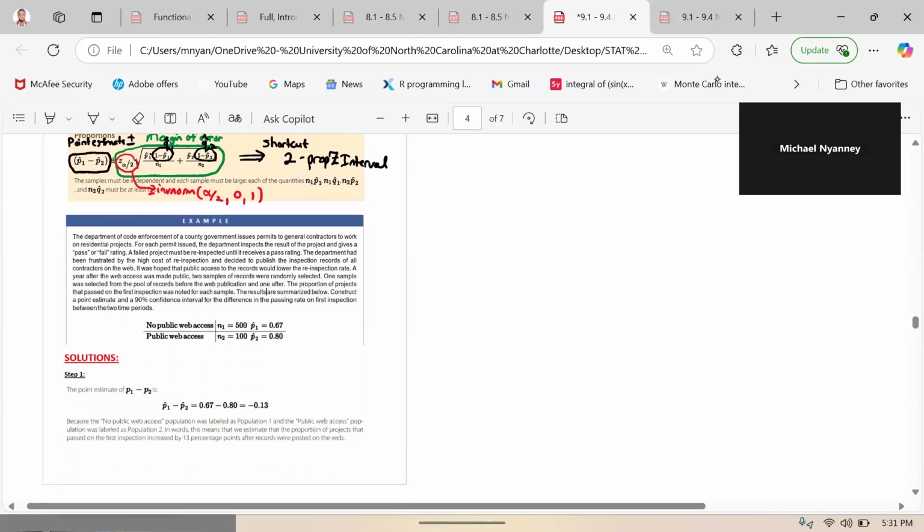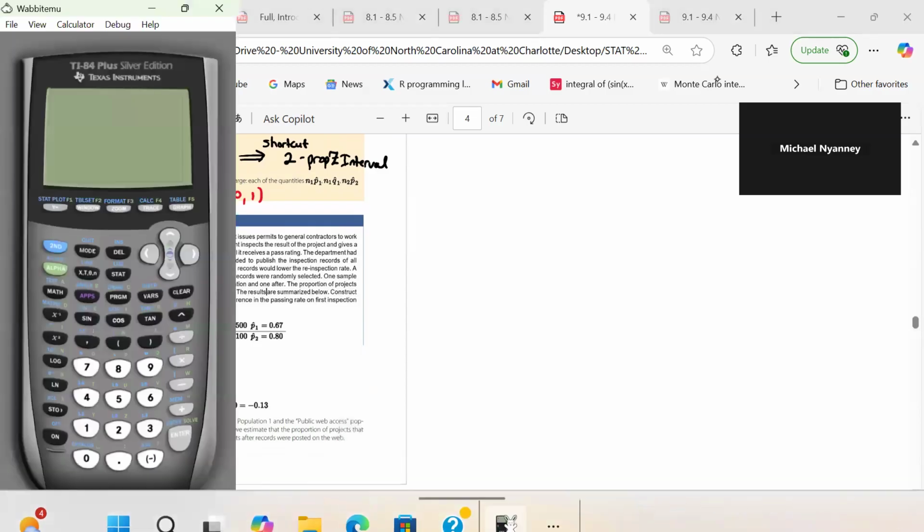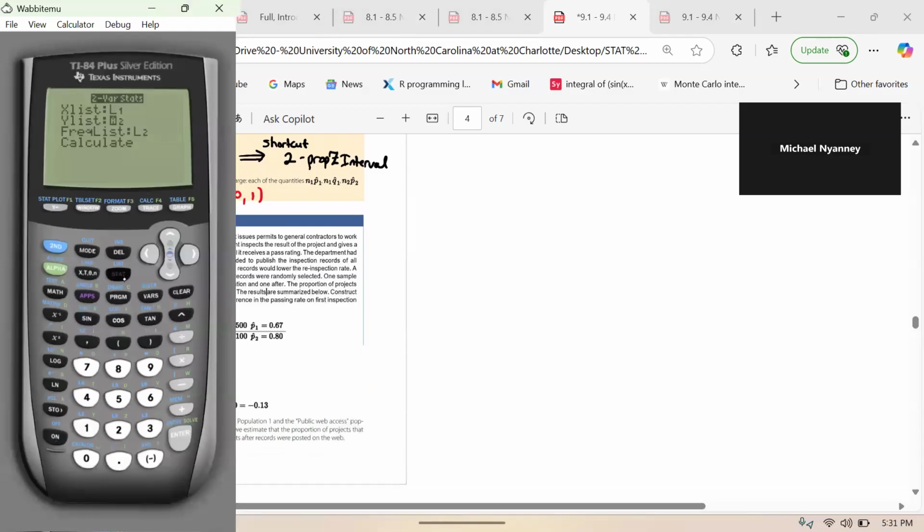So in this example, we've been given the statistics. We have n1, we have p hat 1, and so on. In the question, you do this. On your calculator, click on Stat, go to Tests, and choose two proportion Z interval, not the one proportion, we've done that.